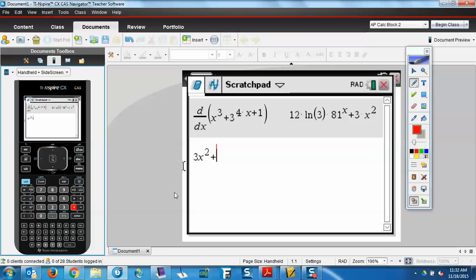So I'm going to type in what my answer was, which was 3 raised to the 4x plus 1 times ln 3 times 4. I type that in, I hit enter, and it simplifies it, and I go, oh yeah, okay. My answer is the same as what they get. See what I mean? So that's how you can check.